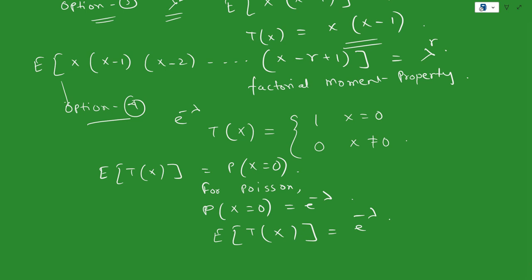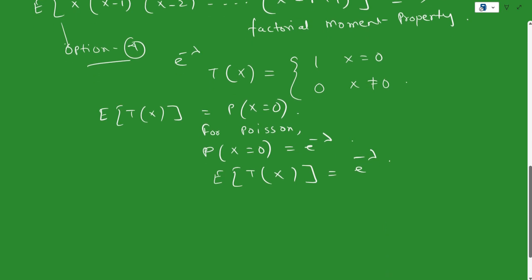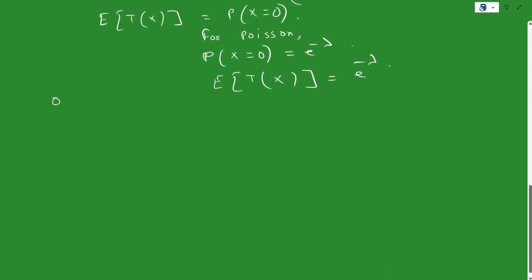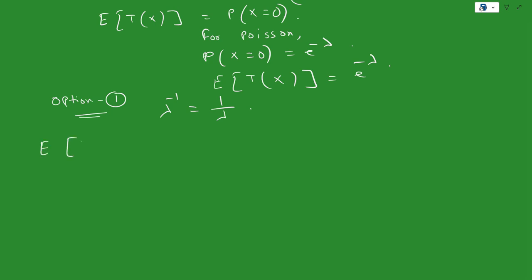Now come to option number 1. This is lambda inverse, this is 1 by lambda. Now comes the villain. Can expectation of some statistic produce 1 by lambda? Remember the general form: e to the power minus lambda times the sum from 0 to infinity of T(x) lambda to the power x over x factorial.